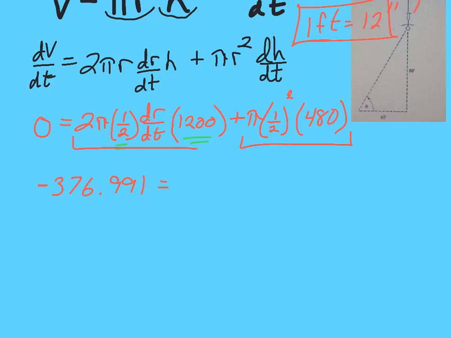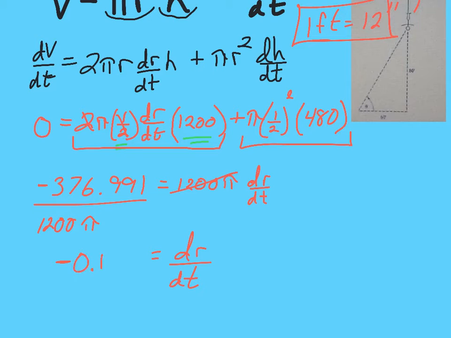These two cancel each other out, so we really have 1200 pi and then dr/dt. So let's divide off 1200 pi, and when we're all done, dr/dt, the rate at which the radius is changing, becomes negative 0.1. That will be inches per second.